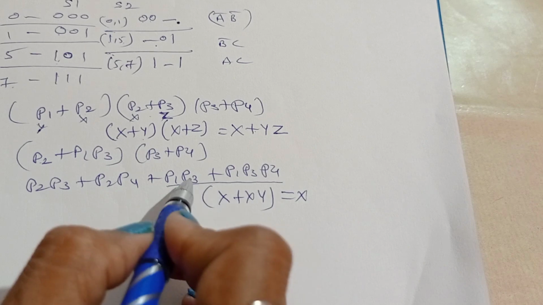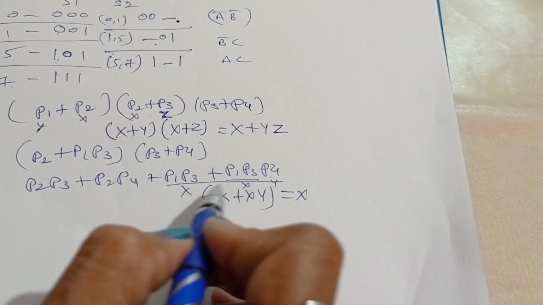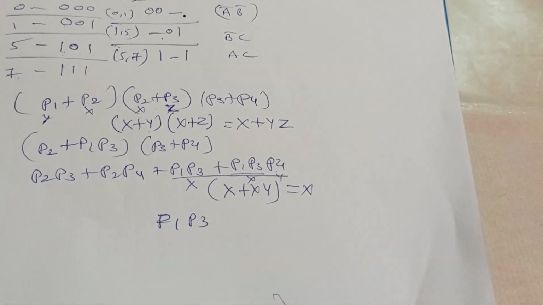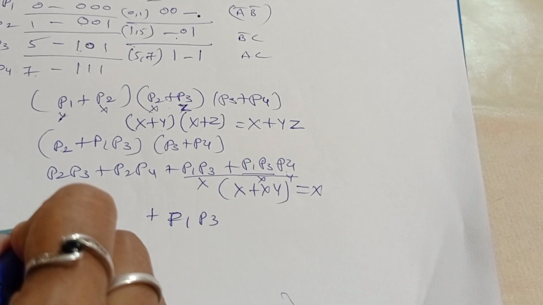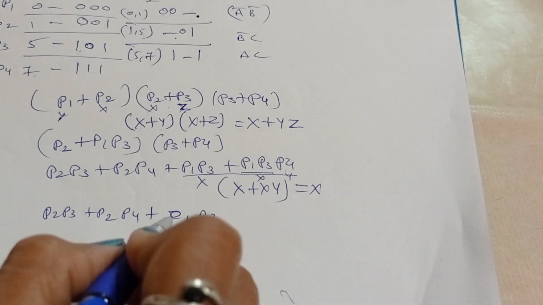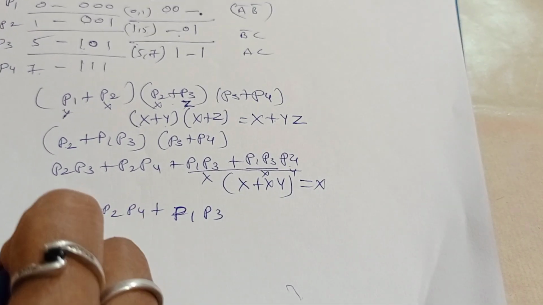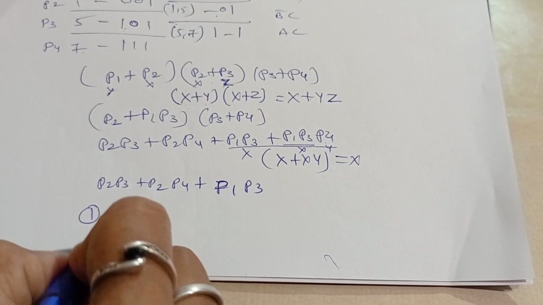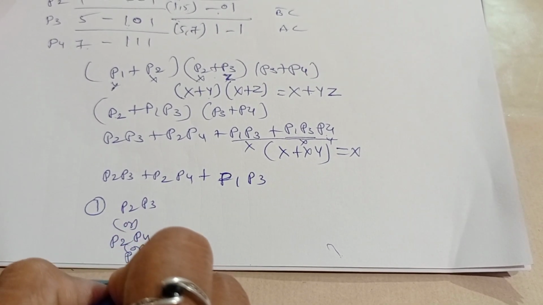If you consider P1 P3 as x and P4 as y, this becomes x, that is P1 P3, plus P2 P3 plus P2 P4. So finally we get three minimum SOPs: P2 P3 or P2 P4 or P1 P3.